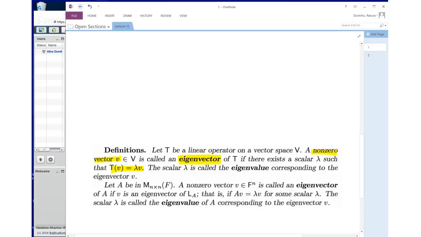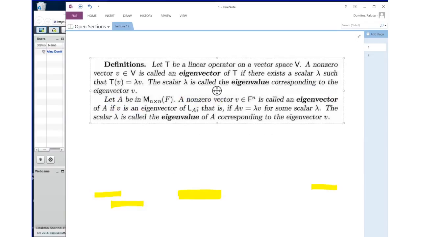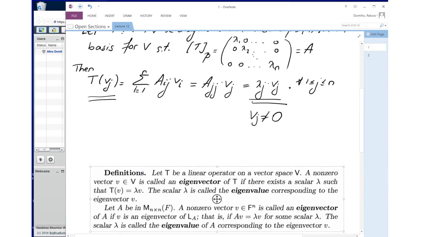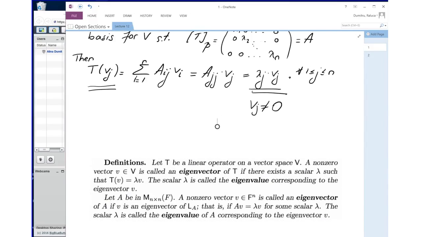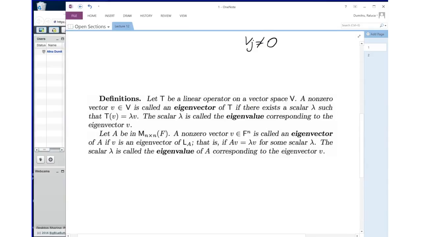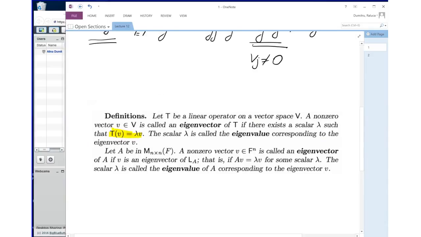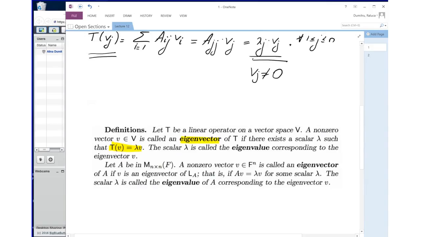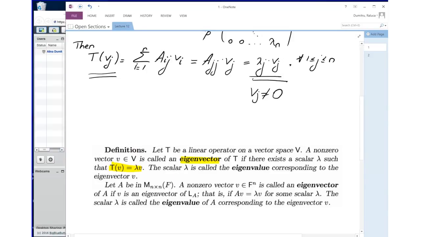Let me see if I can move this back up so we can see both. The scalar lambda from the definition would now be that jth entry on the diagonal of the matrix, and the scalar lambda receives the name of an eigenvalue.